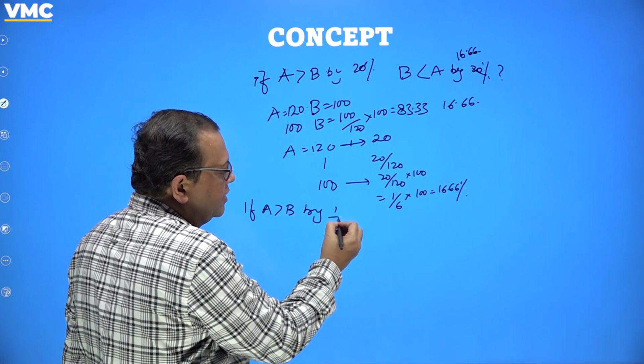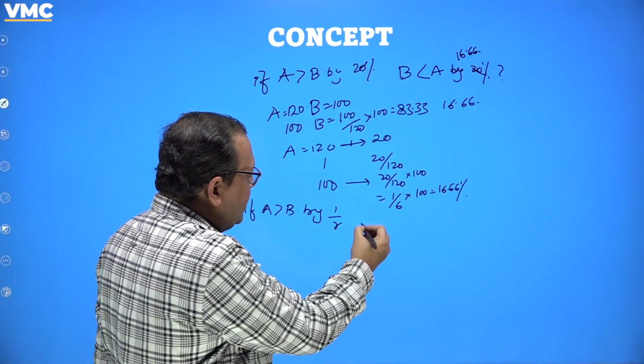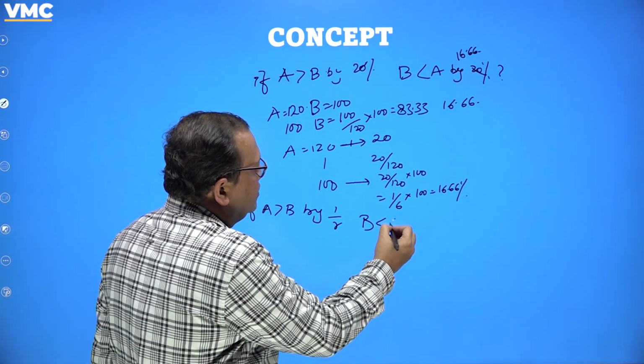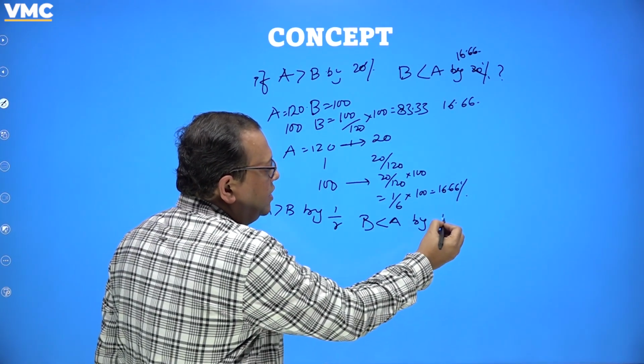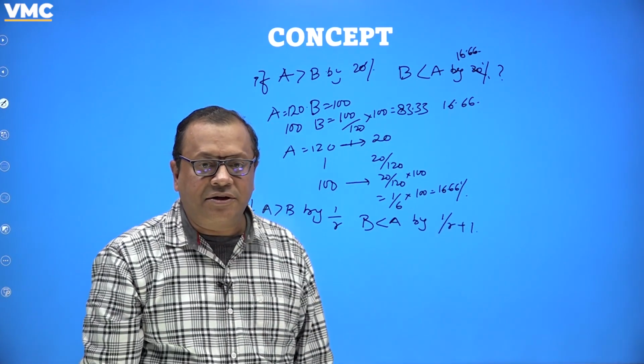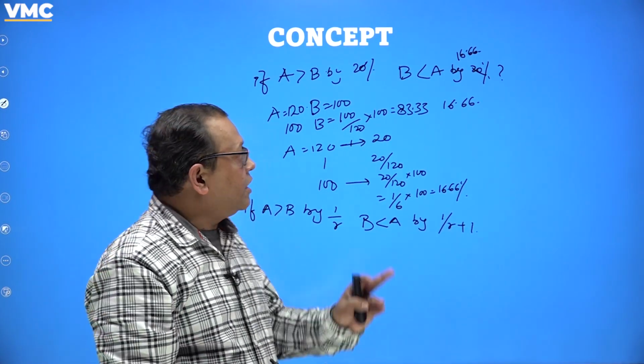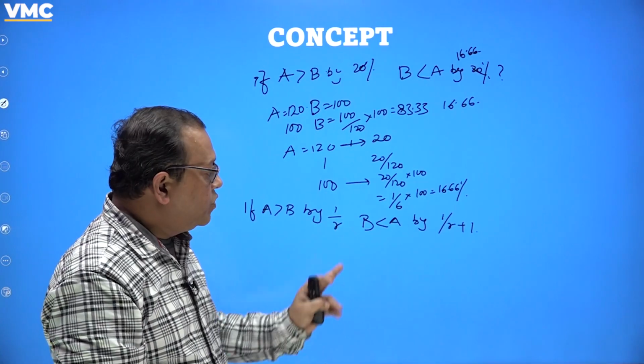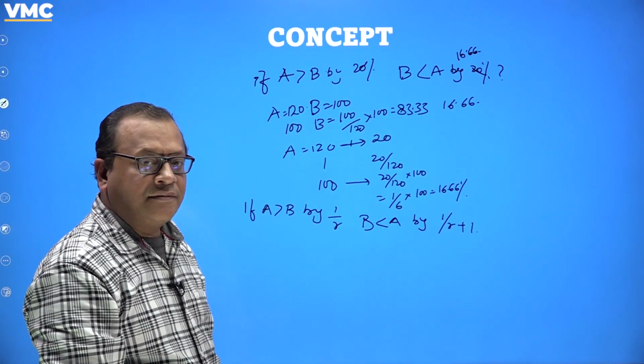तो मैं कह सकता हूं कि अगर A B से 1/r आगे है तो B A से 1/(r+1) पीछे होगा. Isn't it? By fraction. So अगर मैं परसेंटेज को फ्रैक्शन में कन्वर्ट कर दूं, I can write it like this.